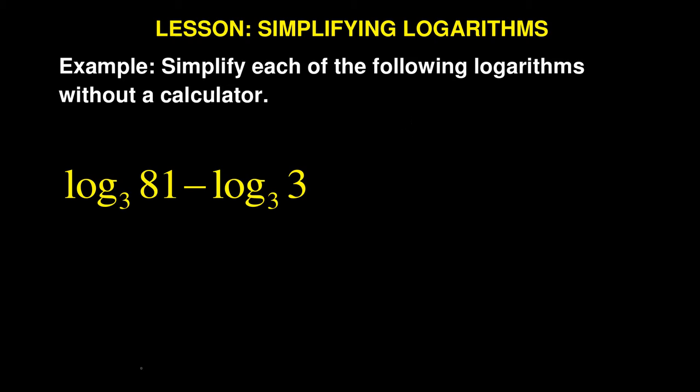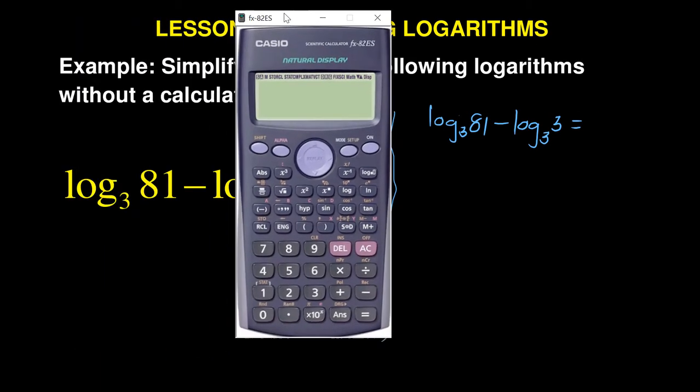So for example, let me do this side. I'm given log 3 81 minus log 3 of 3. The first thing is to find the final answer with the calculator directly.